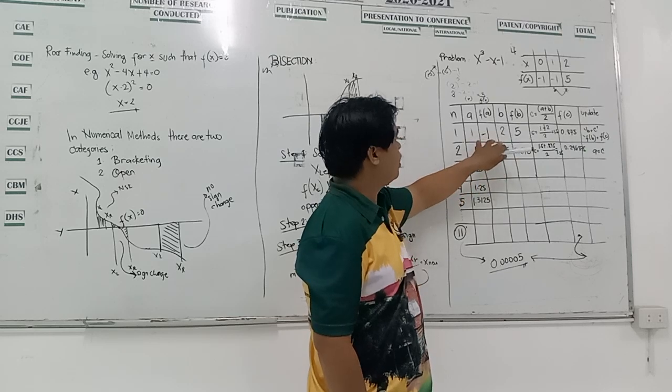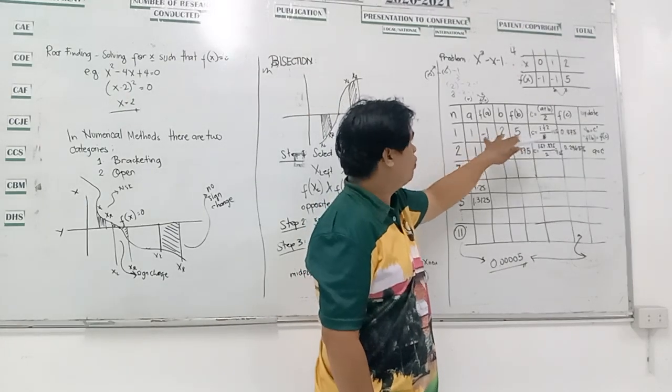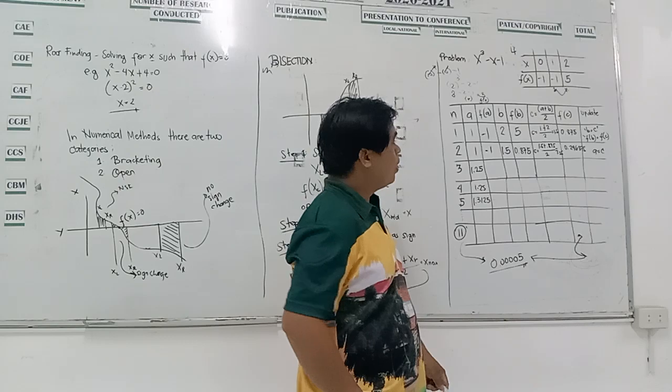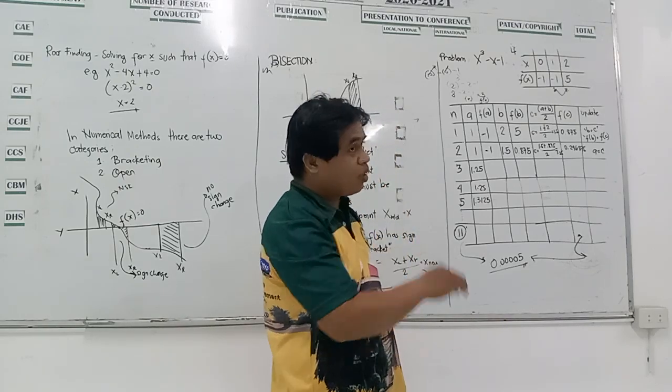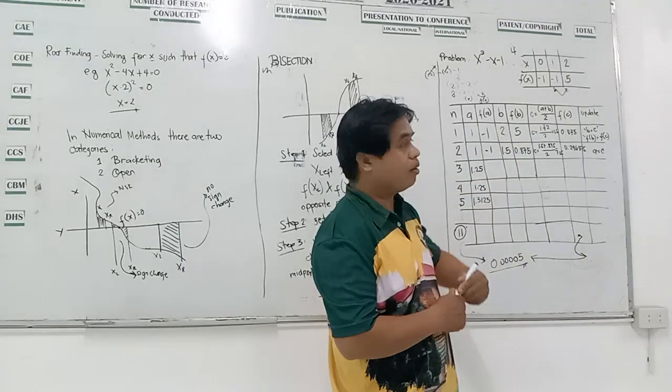So ito yung may sign change na tinatawag natin kanina. 1 and negative 1, in between 1 and negative 1, and 2 and 5. Okay? First bracket and the second bracket. Now, let us try to get the new bracket. See now, this is our new bracket.